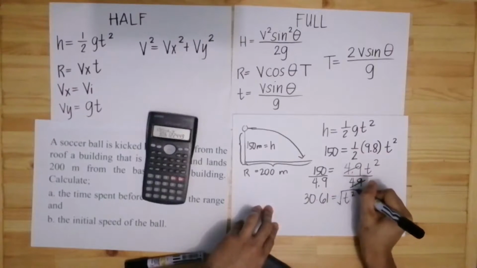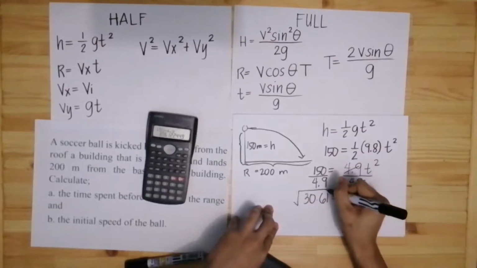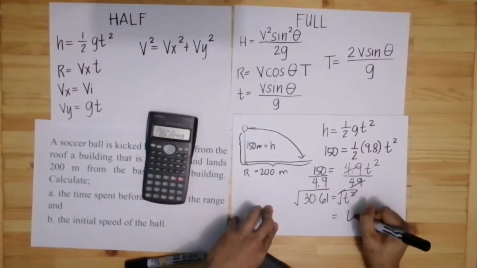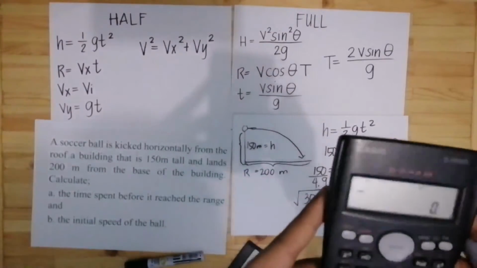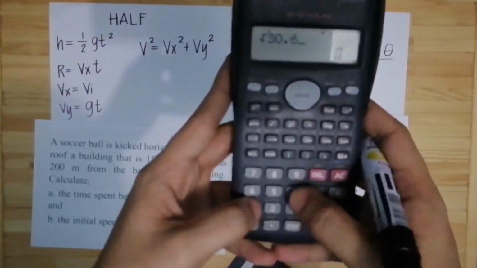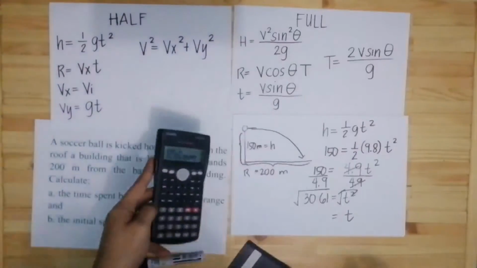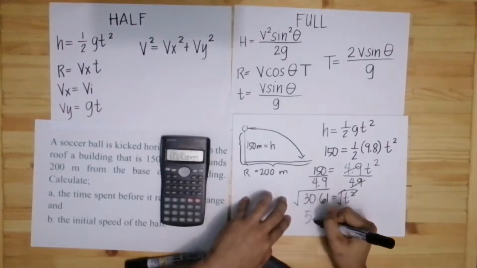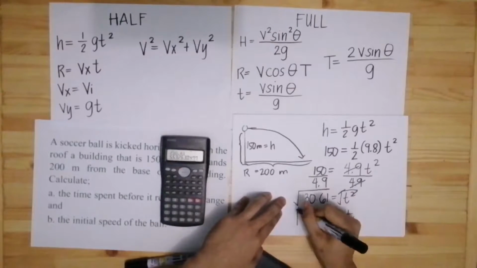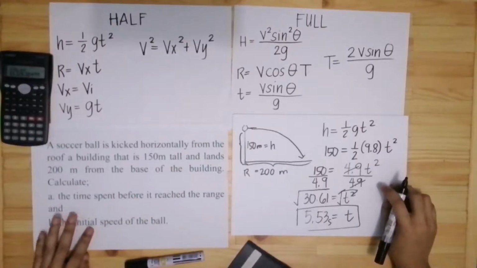So, use the square root to eliminate that. So, cancel natin itong square na yan. Magiging t na lang. Then, get the square root of 30.61. That is equal to 5.53 seconds. That is the time that we are looking for the letter A.